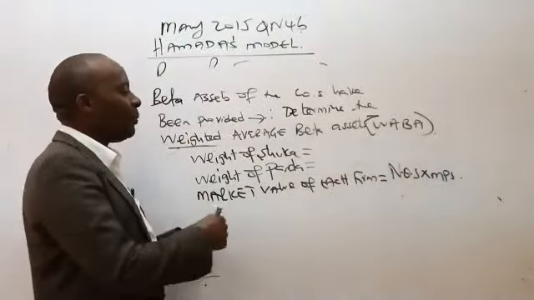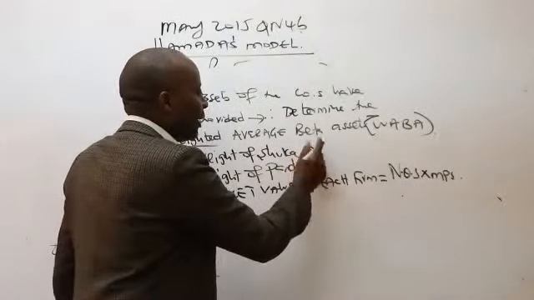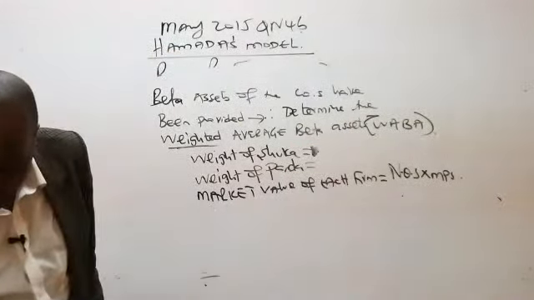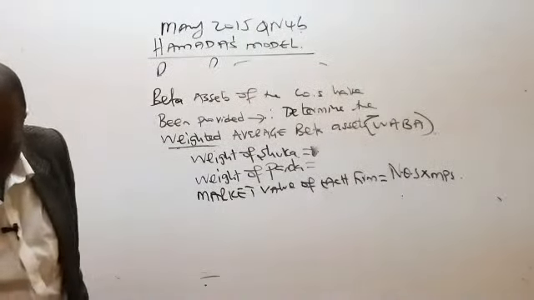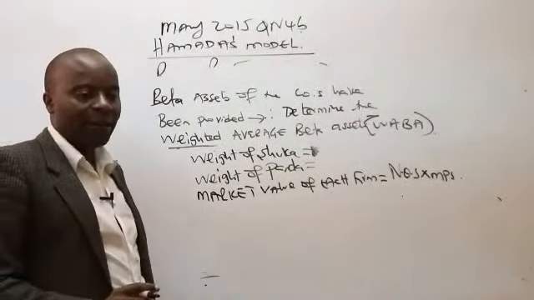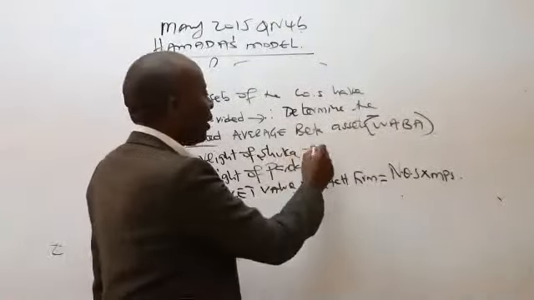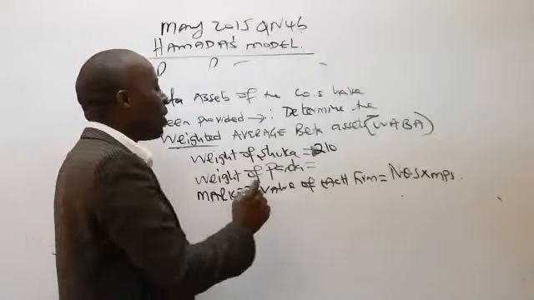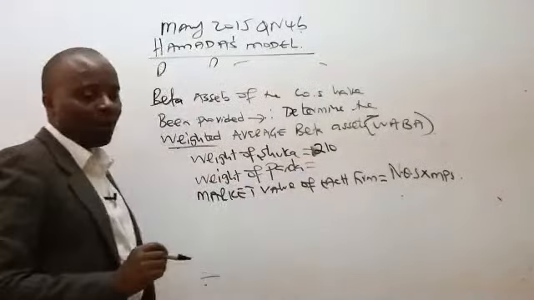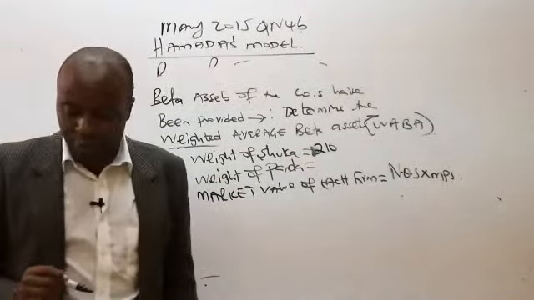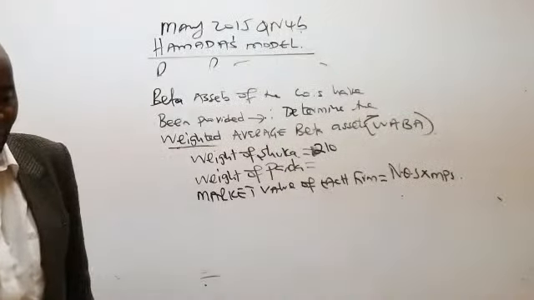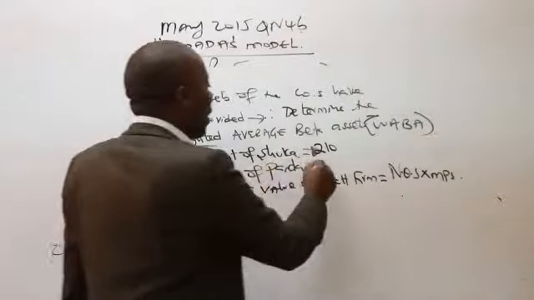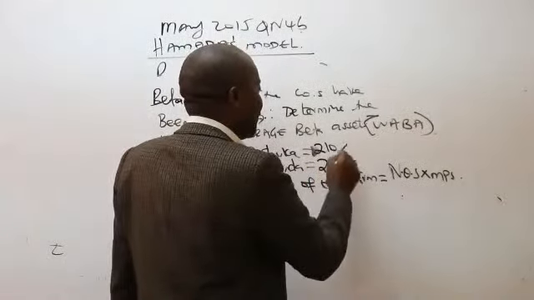Is there anybody who is able to see the number of ordinary shares? Number of ordinary shares for Shuka is 210. Thank you very much. How about the number of ordinary shares for Panda? They say it is 200.